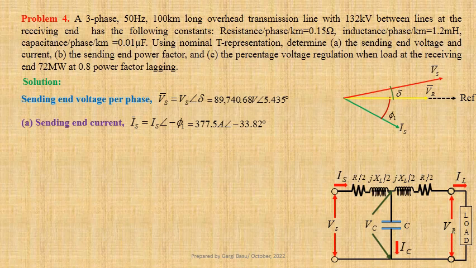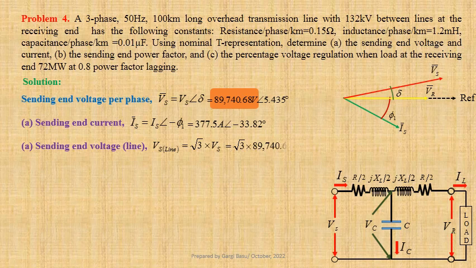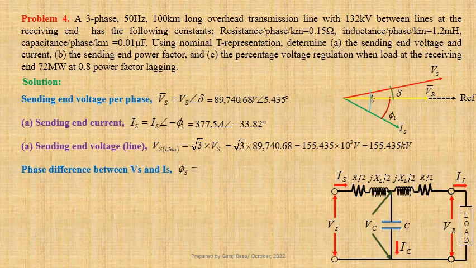For star connected system, line to line sending end voltage Vs line equals to root 3 times Vs, that is equal to root 3 into 89,740.68. That gives us 155.435 into 10 to the power 3 volt or 155.435 kilovolt. Phase difference between Vs and Is, phi s equals to delta plus phi 1.